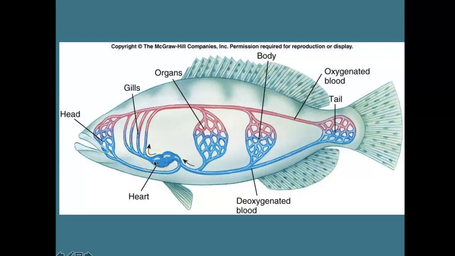On this one single pump, that deoxygenated blood is going to travel all the way to the gills, pick up oxygen, then come out and travel all the way to the tissues here, where it's going to dump its oxygen, pick up carbon dioxide, and then come back to the heart, all on that single pump, okay?